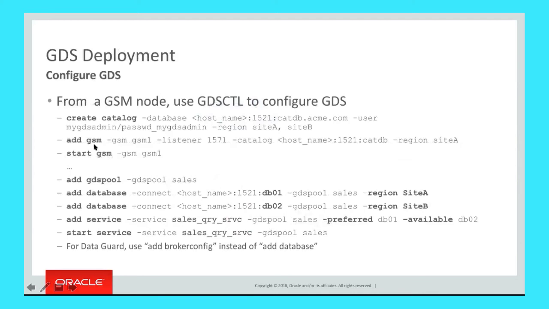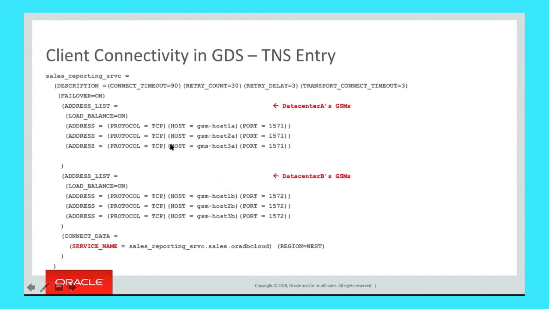And you say add GSM. This is to create the global service manager listener, and you specify the listener port and what's the catalog it's mapped to, right? And what region this GSM is residing on. Right? This is one example, and if you have 3 GSMs, you would execute add GSM 3 times on different hosts on which these GSMs will be running.